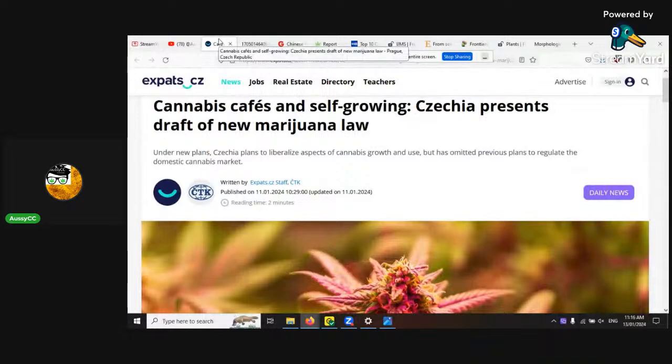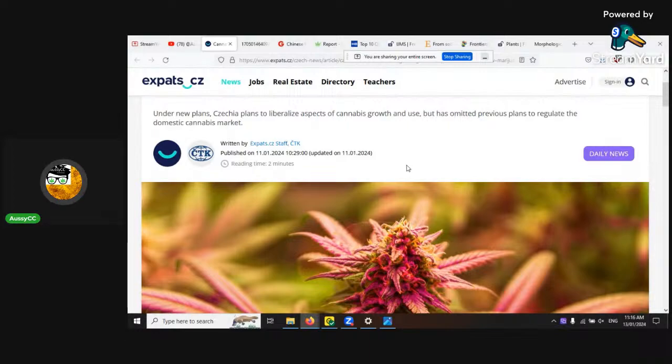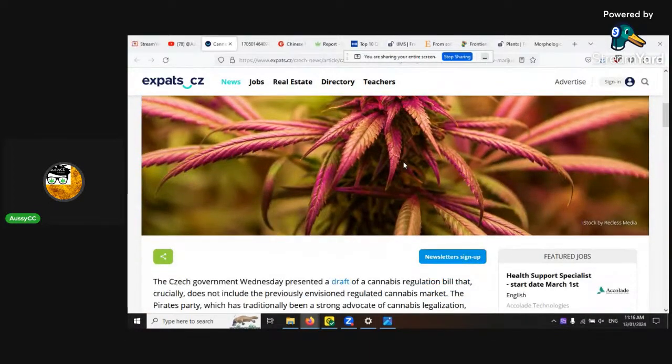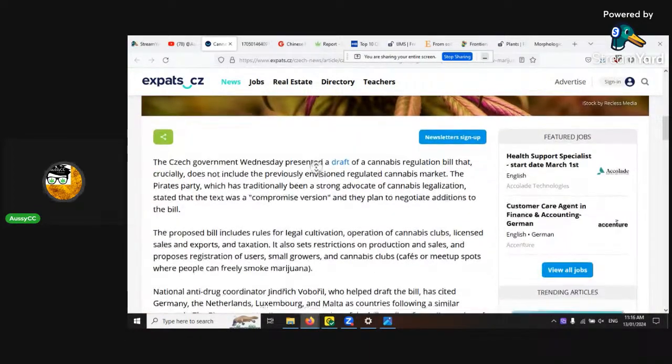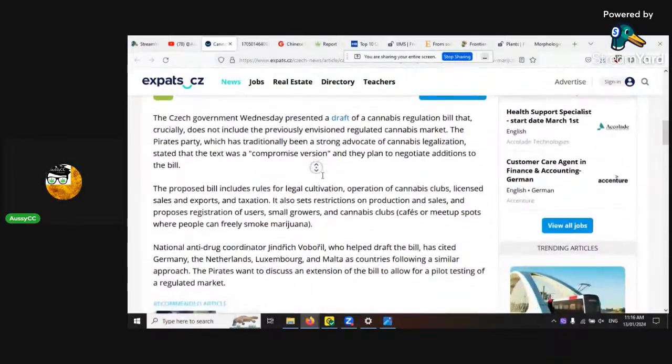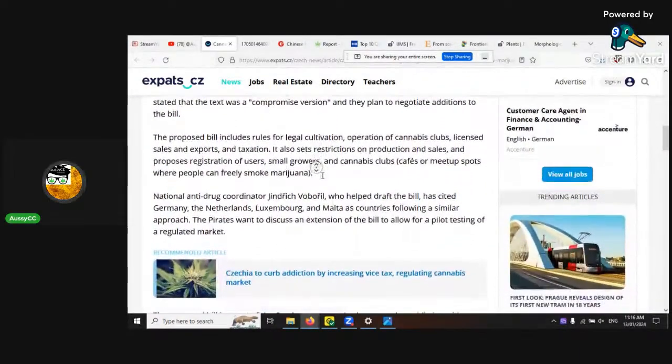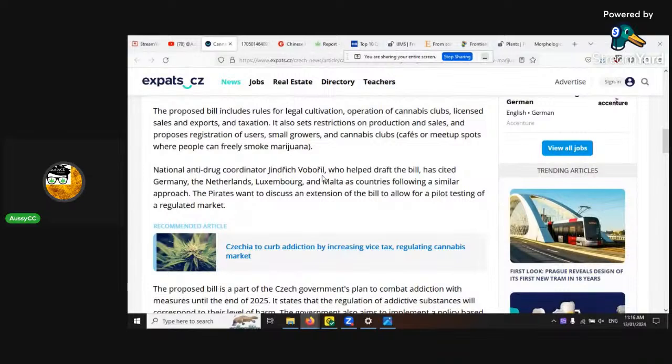So I'll start on here, some slides. So some news this week, which I should have done at the blooming start. Some cannabis cafes and self-grown. Czechoslovakia has drafted up a new law to grow it and use it and have cafes. So the Czech government has presented a new draft and a bill in Parliament to propose legal cultivation, operation of cannabis clubs, licensed sales and exports and taxation.